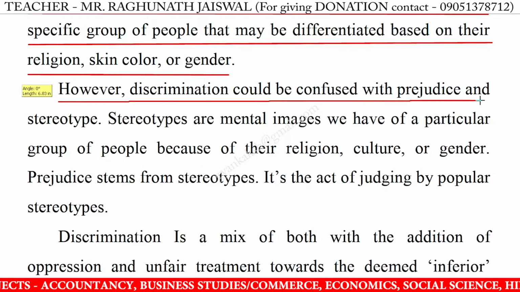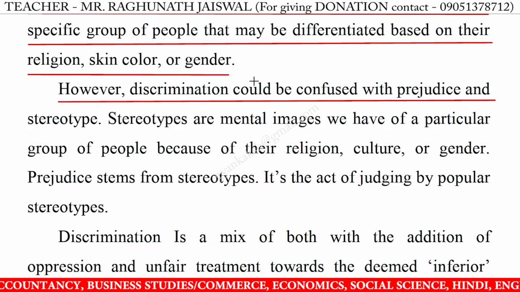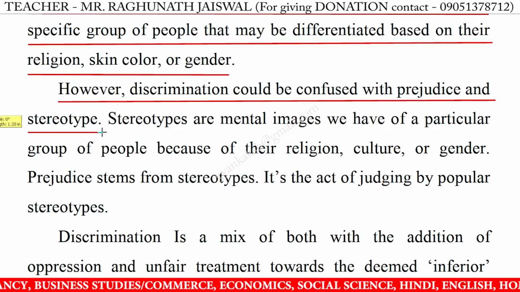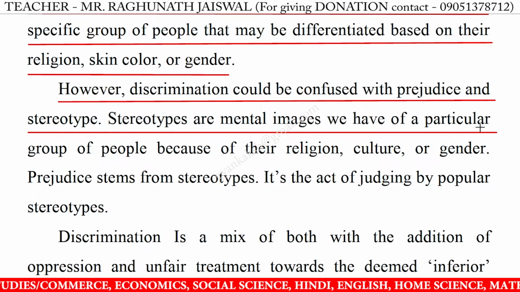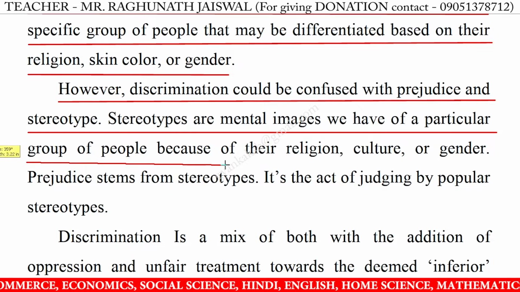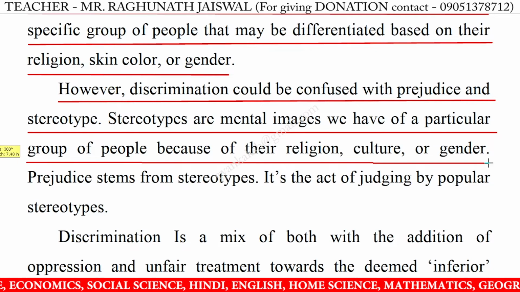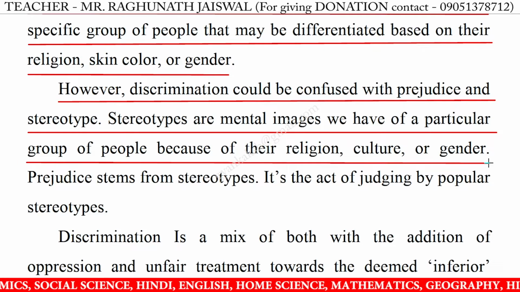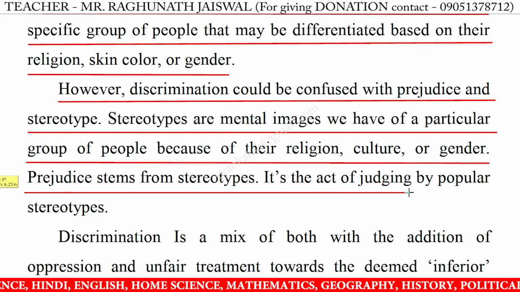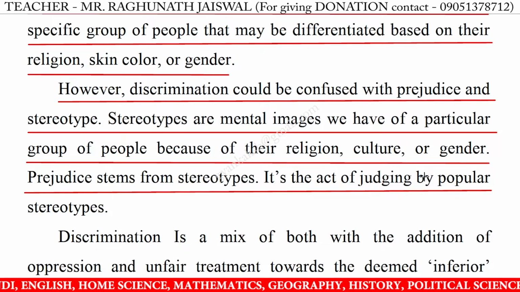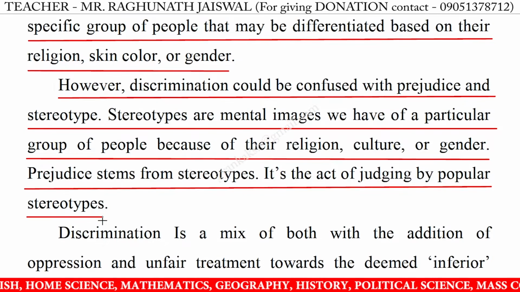However, discrimination could be confused with prejudice and stereotype. Stereotypes are mental images we have of a particular group of people because of their religion, culture, or gender. Prejudice stems from stereotypes. It's the act of judging by popular stereotypes.